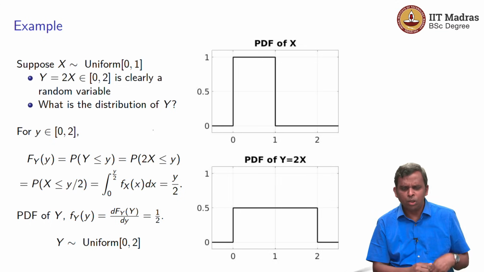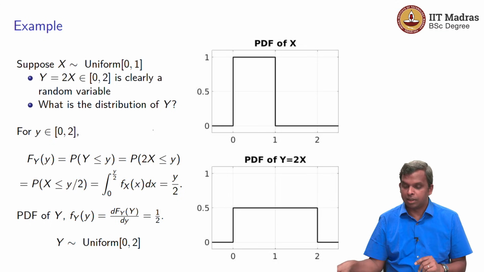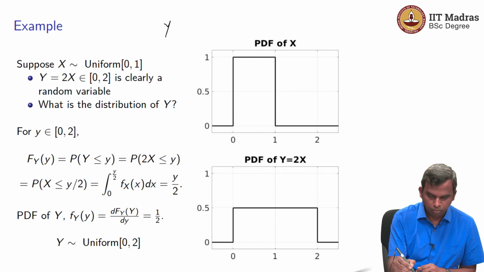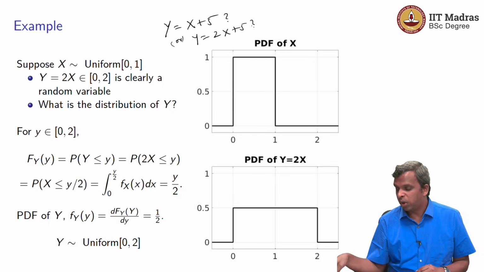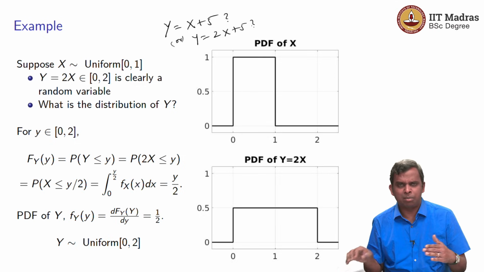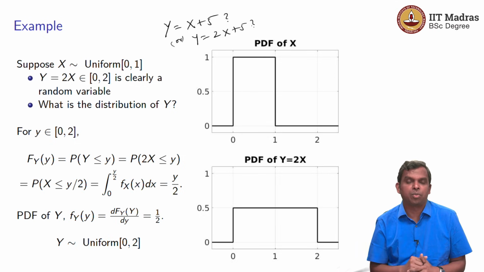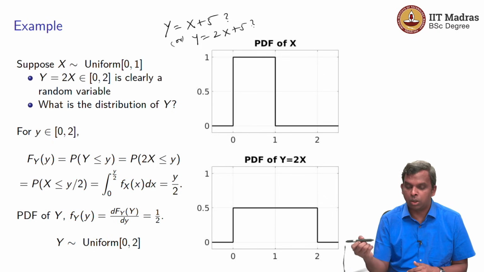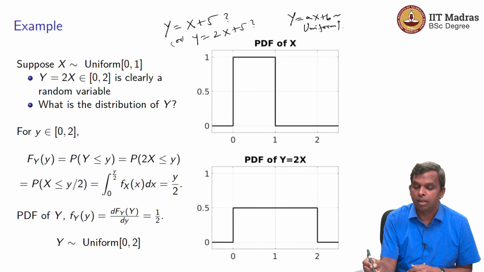You can also ask some question like, instead of Y equals 2x, what about Y equals x plus 2? Or x plus 5? Or Y equals 2x plus 5? You can guess intuitively, by going through the same method and repeating it, that any such affine transformation, Y equal to ax plus b generally, is also going to be uniform in the suitable range.